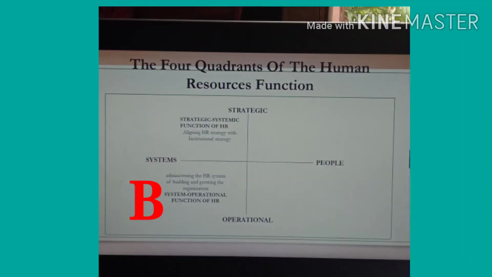Quadrant B is the systemic operational function of human resources. Quadrant B is the programmatic management of the human resources function, as it performs the two major roles administratively assigned to human resources. These are the hiring and the placement of people in the organization.